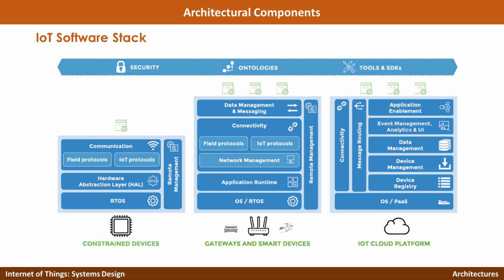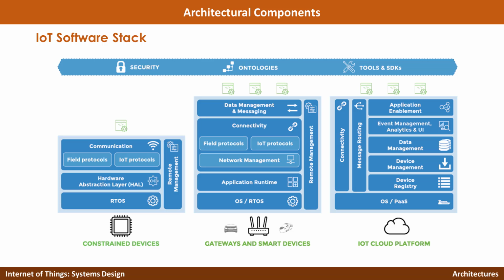And then the cloud platform, which probably all of us know, talks about connectivity. You need to manage the connectivity with multiple gateways. You have to have message routing, different data management, storage, device registries, user registrations, event management, and complex event processing. So you need to detect certain events in real time.